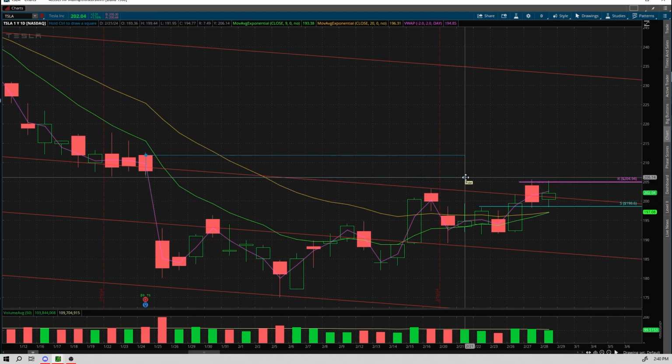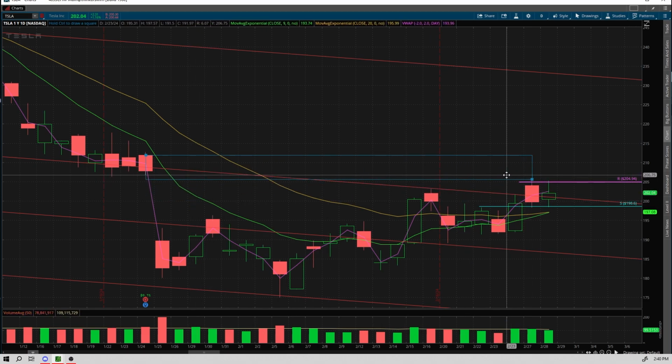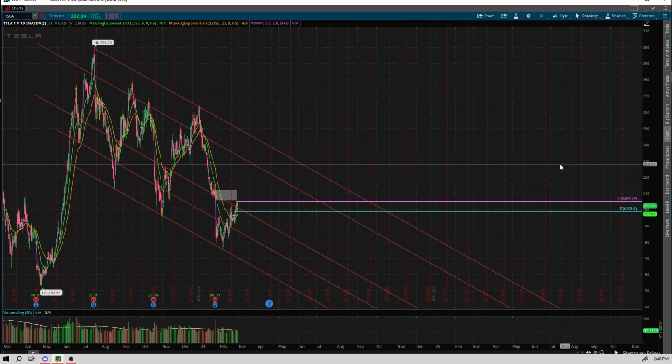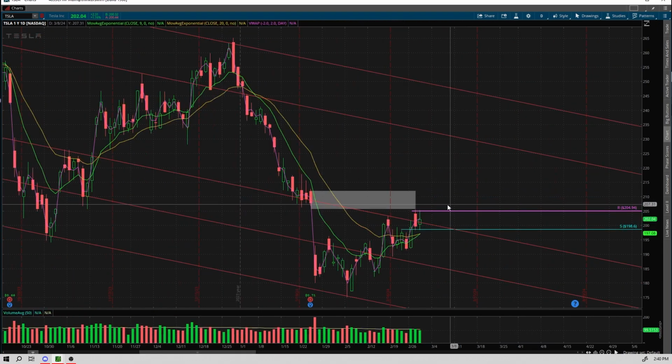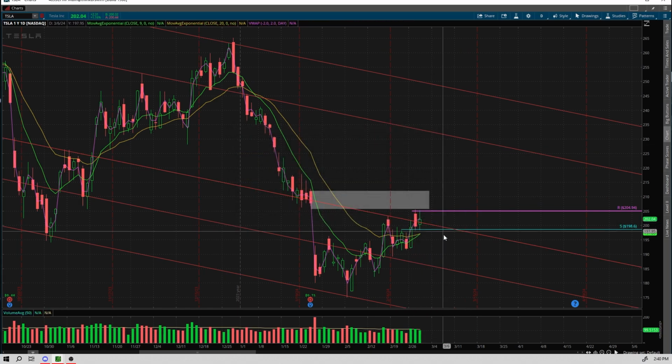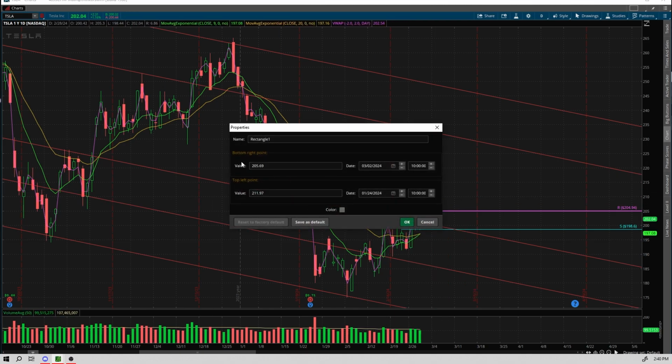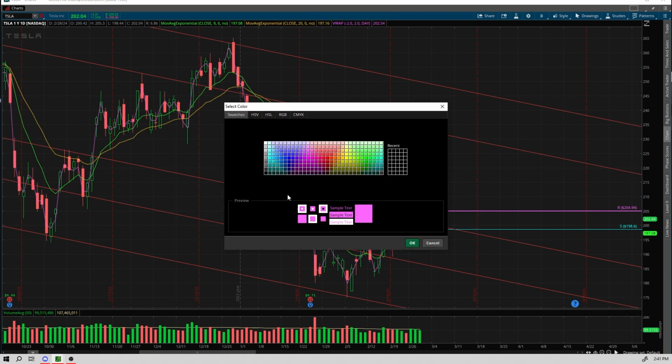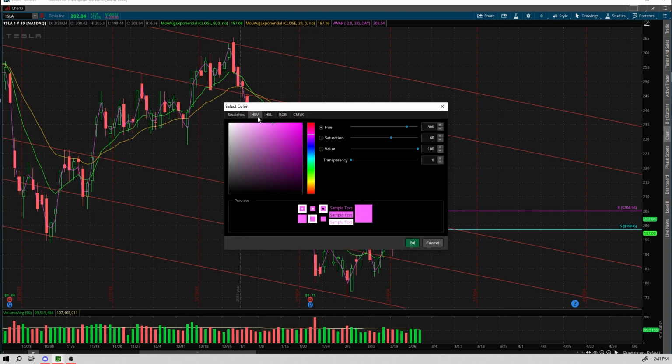We understand that the market already pushed up there. Let's move this over a little bit. Bottom right point. Bam. There we go. And I like to change the color on this one. I usually put it in purple, and that for me gives me a better understanding of what it is. So I usually do my gaps in purple.